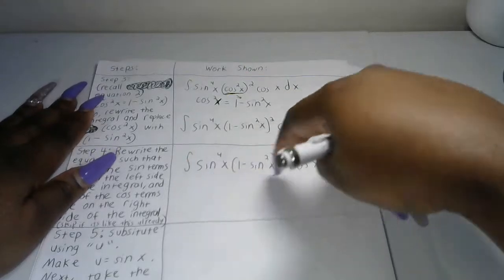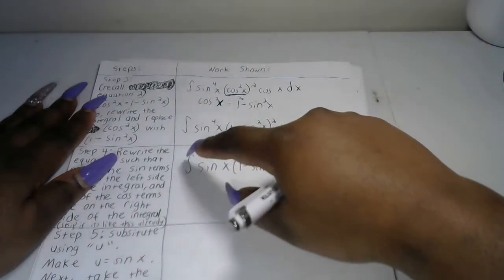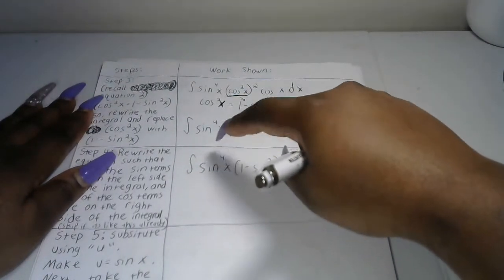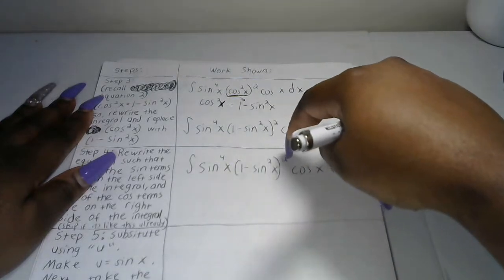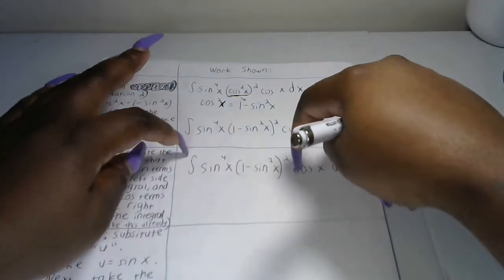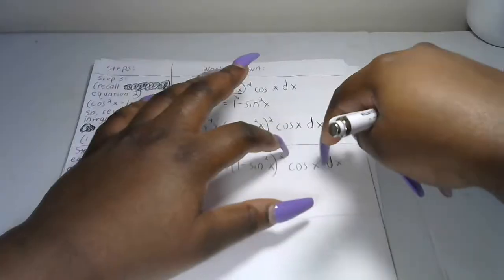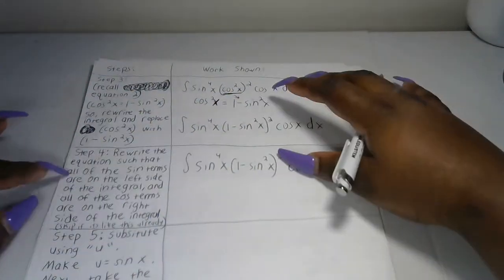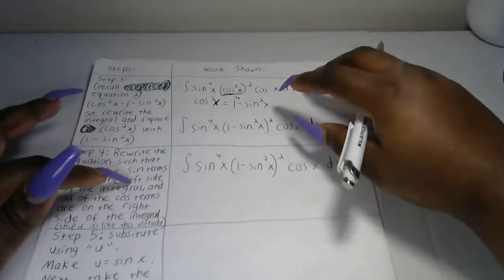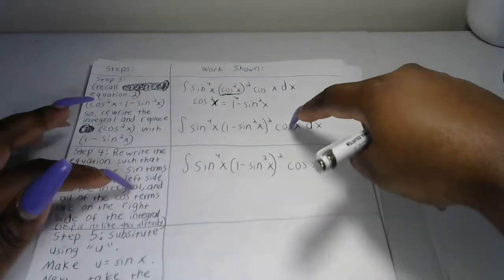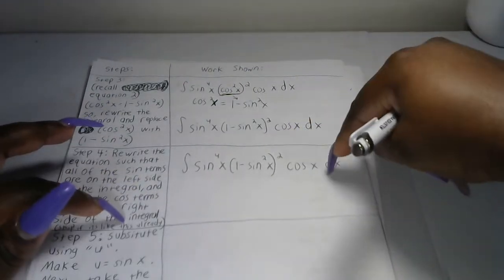So it's already like this: the integral of sine x to the 4th times 1 minus sine x squared, and all of that squared times cosine x. All of these sine terms are on the left side, and the cosine terms are on the right side. Like we said, we want the sine terms on the left side, which they both are, and all of the cosine terms on the right side, which it is.